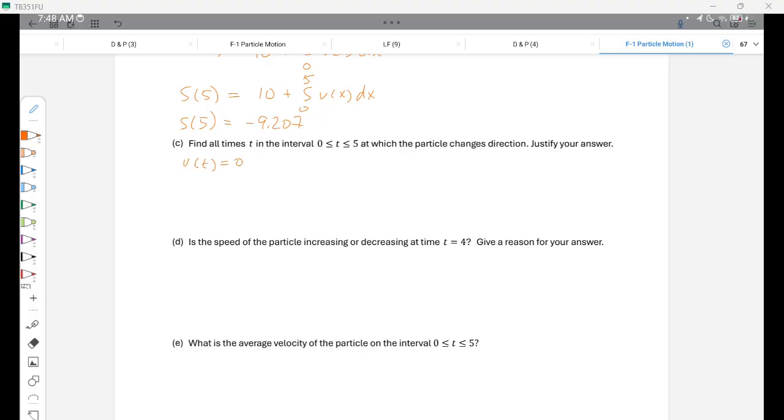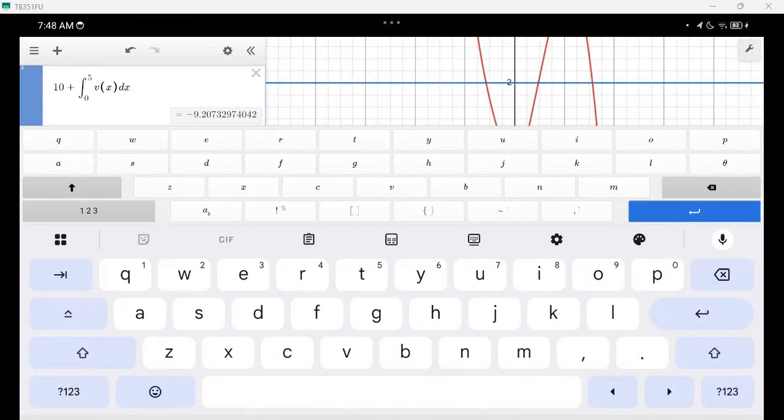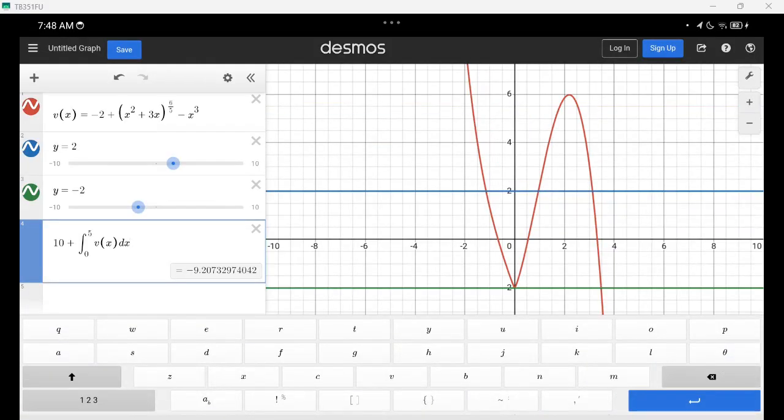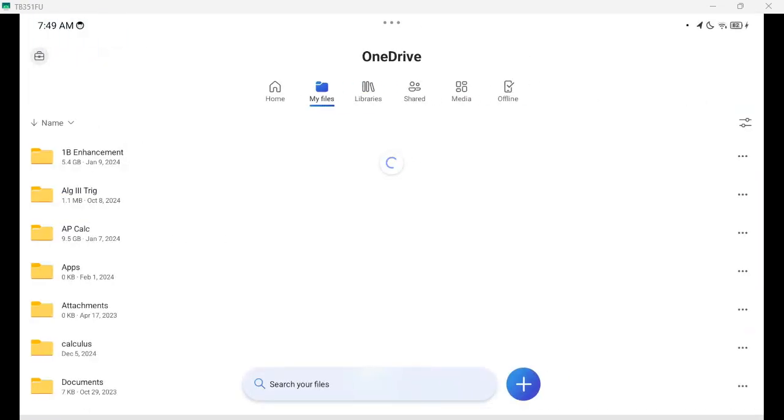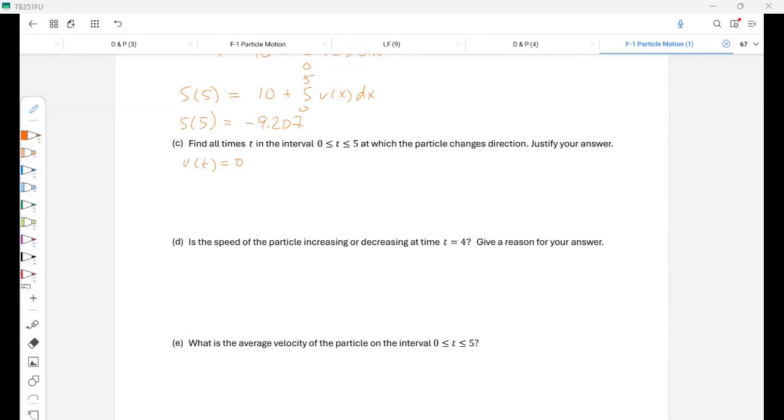You are looking at a graph in Desmos, so you know that v of t is not undefined, so you're good enough to write v of t equals 0 there. And then, of course, you also have to have the sign change there. Looks like that happens at these two spots, 0.536 and 3.318.